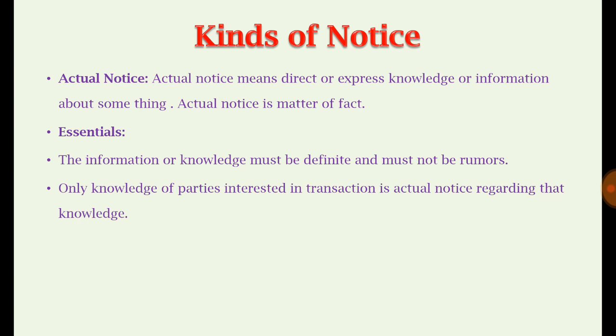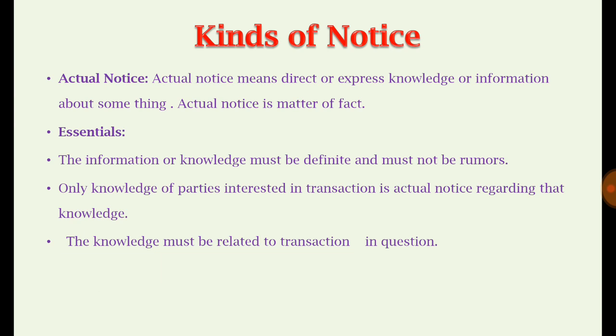Only knowledge of parties who are concerned or connected to that transaction can be called actual notice, because the parties know what transaction they are doing, what transaction they are entering, how they are completing it, and what the terms and conditions of the transaction are. That transaction is known to the parties themselves. And the knowledge of outsiders regarding the transaction between such parties cannot be called actual knowledge.